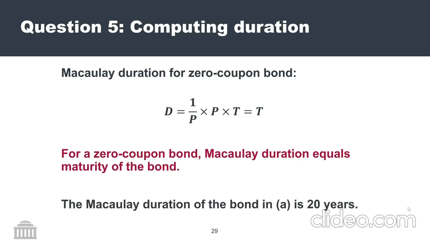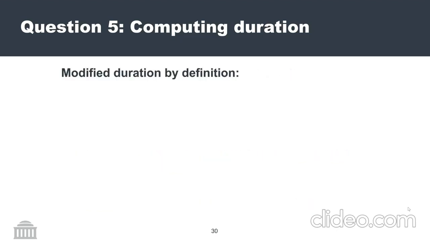So in this particular case, since our bond has 20 years to maturity, the Macaulay duration for this bond in part A of this question equals 20 years. Now, the next step is to find the modified duration, which by definition is the Macaulay duration divided by 1 plus y, which is, again, yield to maturity on this bond.